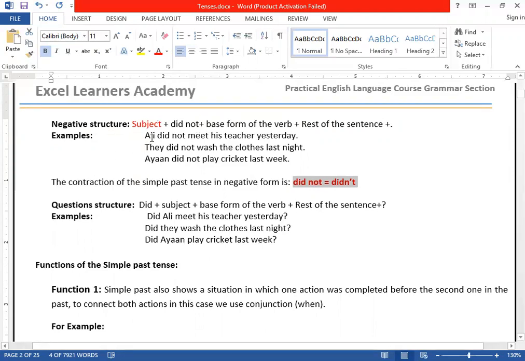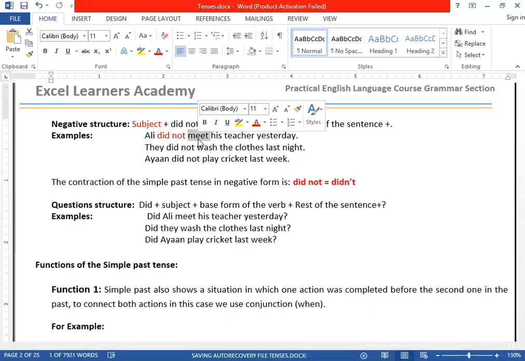For example, can you see Ali did not? Ali is subject, did not is the auxiliary here. And after that, can you see I have used meet. I didn't say met. I say meet. How can you say the positive? I met Ali yesterday. And if you did not meet him, how can you say it? I didn't meet Ali. I met Ali. I didn't meet Ali.